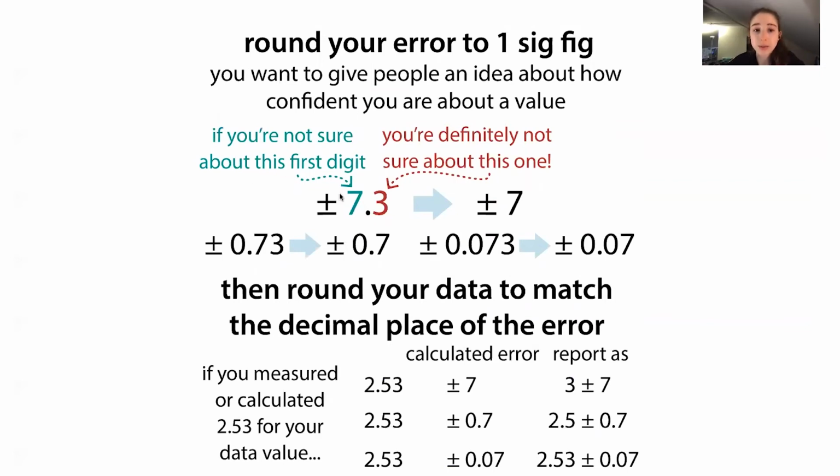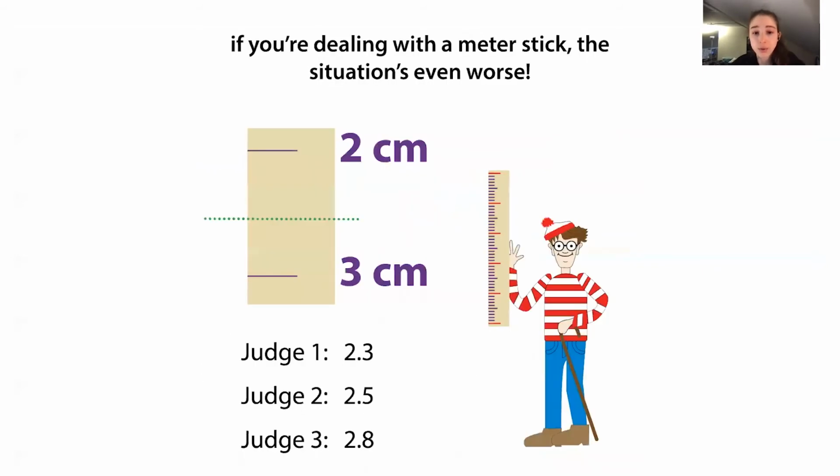When you're getting this plus or minus thing, you're going to need to make sure that you're only keeping one digit after the plus or minus sign. Because in our example, if the judges couldn't agree on the 2, then they're not going to agree on the 0.5 after the 2. If they can't agree on this digit, then they're not going to agree on the digit afterwards.